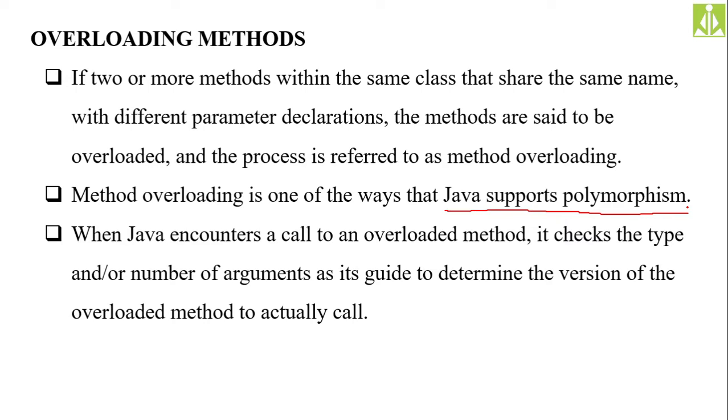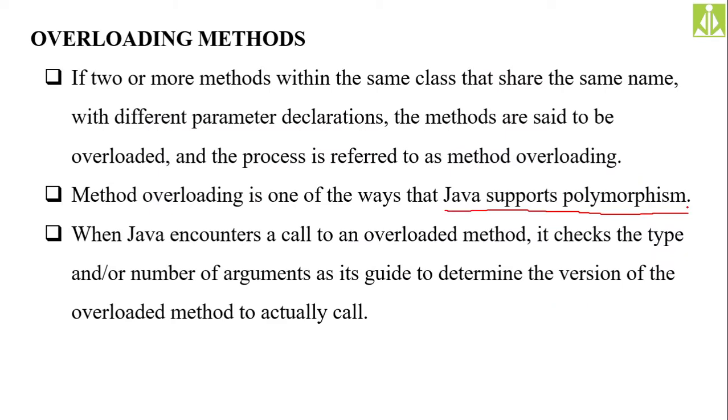Just by changing the parameter types, or just by changing the parameter number, there is a flexibility that we can have the same method name for different methods. We can have the same identifier for different methods. That concept we call method overloading, or overloading of methods.